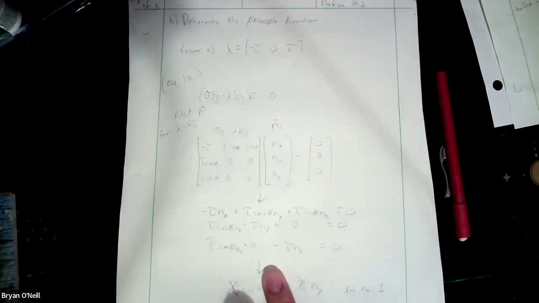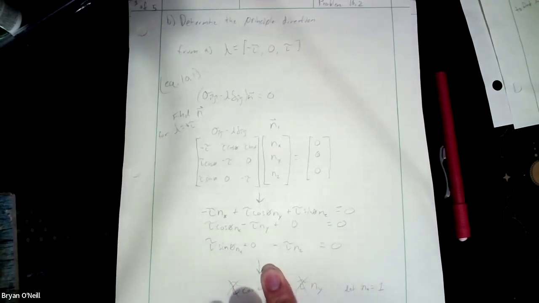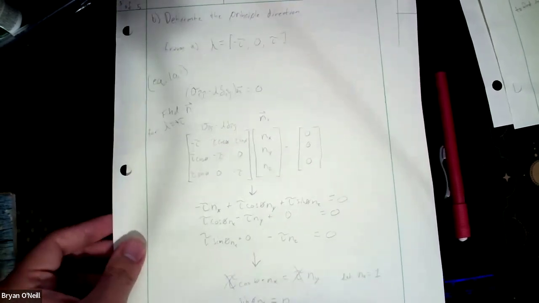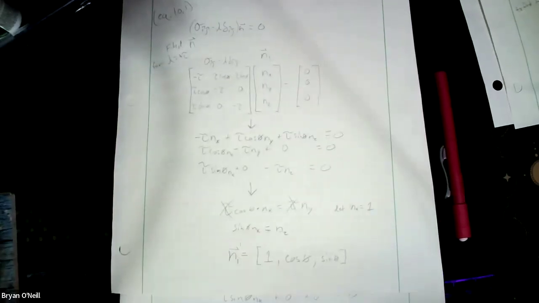But anyway, we get these three sets of equations. I like to use nx, ny, and nz to keep it simple, although that's not exactly the right way to do it. We find that tau cosine theta times nx is equal to tau times ny, so we just cancel out the taus, and we get cosine theta nx is equal to ny, and then we also get from the other equation sine theta nx is equal to nz.